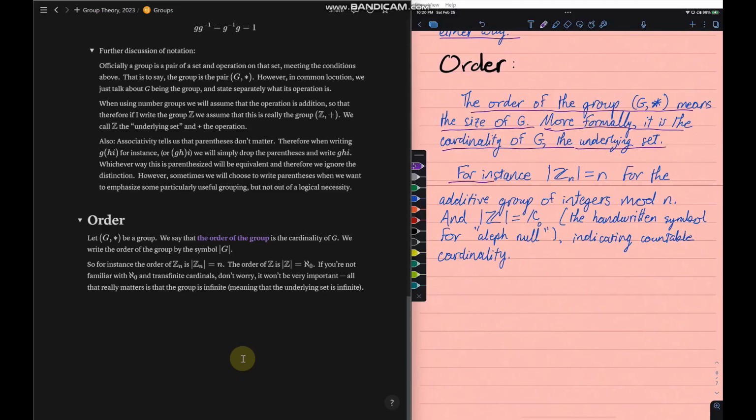For instance, the order of the integers mod n when taken under addition is n, because every element is there. If it were the group of units under multiplication, we wouldn't have all those elements. Anyway, that's for the additive group of integers mod n. And the order of the integers is aleph naught, or aleph null, indicating a countable cardinality.